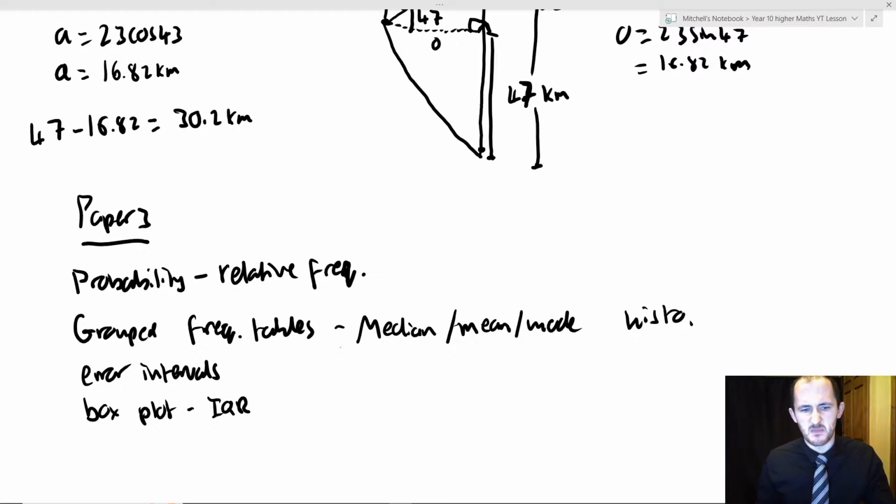Not really, Evie, to be honest. That's more paper 2. Actually, paper 1, really. I'm not saying it won't come up, but it's not very likely. Paper 1 is more equation of circle stuff. But box plots, like interquartile range and comparisons as well. If I can learn how to spell, that would be perfect.